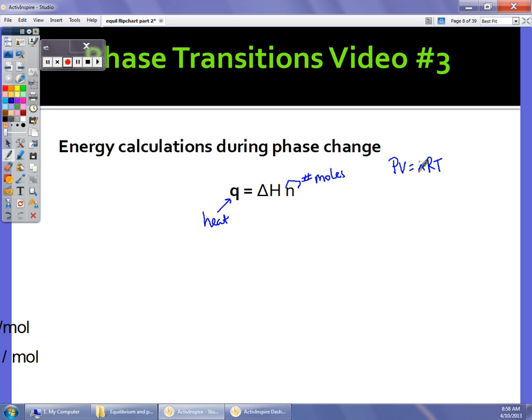N was the number of moles then, and it still is. Delta H is your change in enthalpy. As in the specific heat time, this would be given to you because each substance has its own delta H.